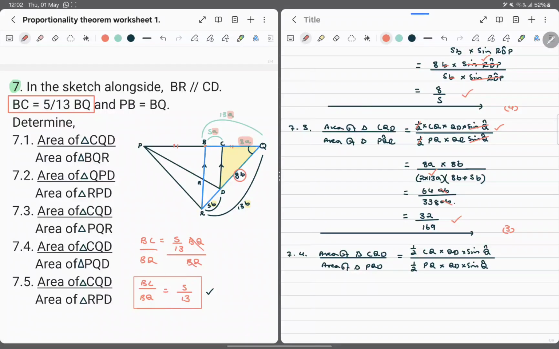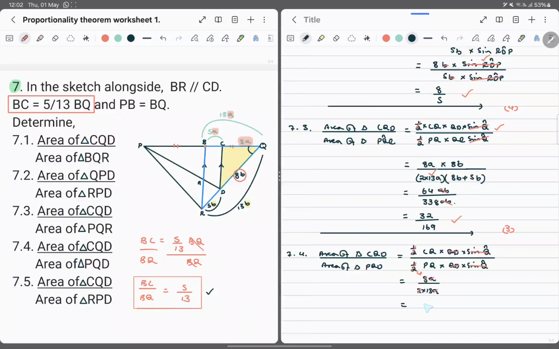So the nice thing here is that the magic again continues happening. QD is common, halves are doing their own thing. So this is as good as the ratio of these sides. All right, CQ is 8A over PQ. PQ is 2 times 13A. Then of course with multiplication, 2 does it with 8, remaining with 4.